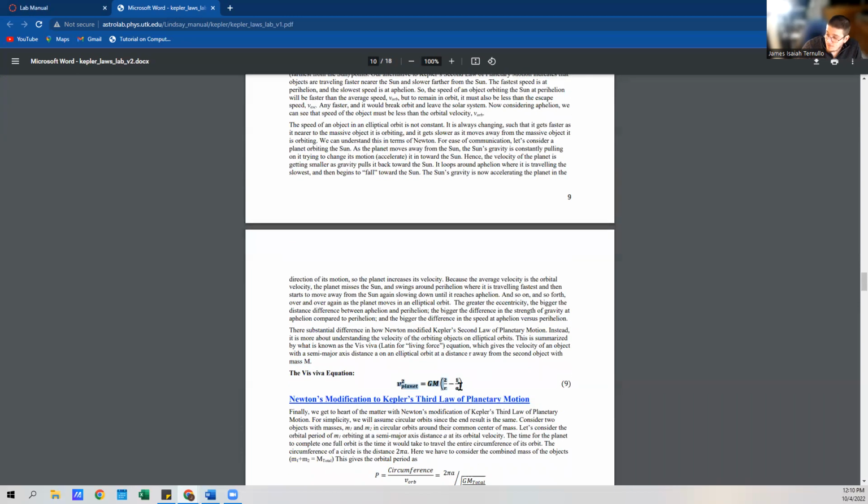You can show that here using the vis-viva equation, where A is the semi-major axis, and R is the distance from the center of the body being orbited, in this case, the sun.